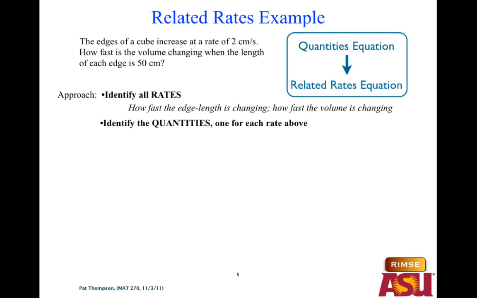No, not time. Well, that's the units. It's so easy, it's hard, right? What's the quantity associated with the rate of change of edge length? No, that's a number. What's that? Edge length. Okay? And what's the quantity associated with how fast the volume is changing? Volume.